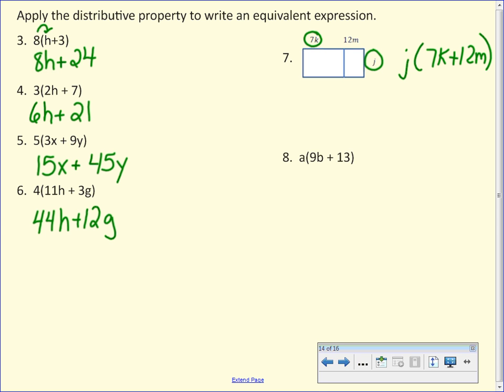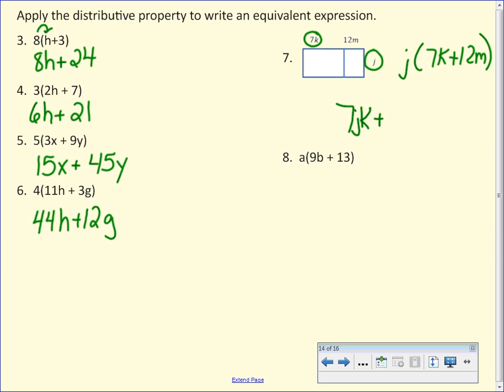What do you think? So first, let's distribute to the first term. What would it be? Yes and no. How can we make that answer better than KJ? What is the rule about when we list our variables? Right, the variables have to be in alphabetical order.